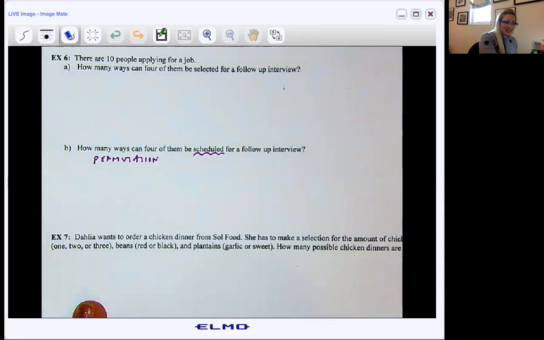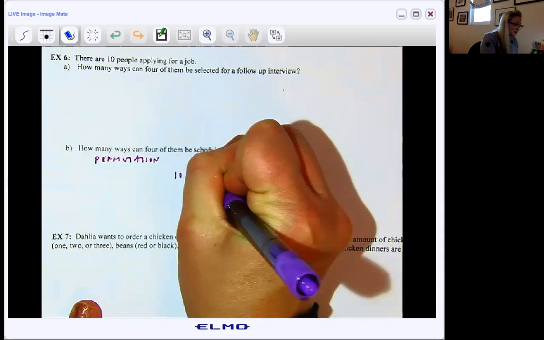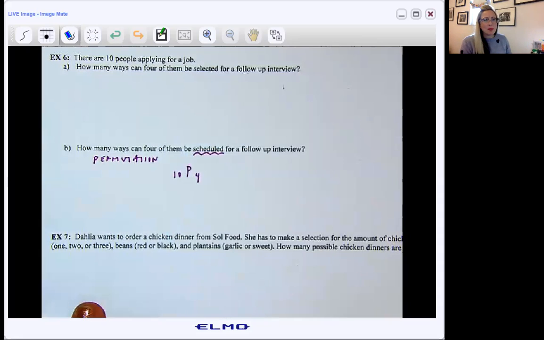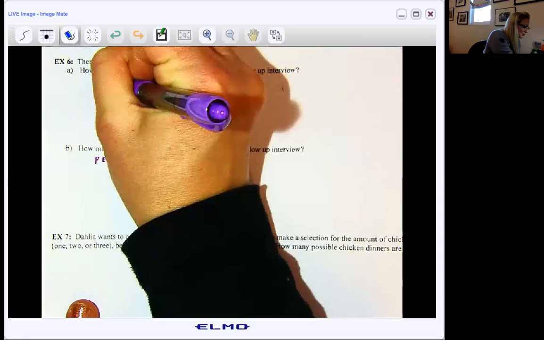So in part B, this would be 10P4. And then up above in A, in how many ways can 4 of them be selected for a follow-up interview? Well, we're just picking a group of 4, right? And if that's A, B, C, and D, it doesn't matter which order I pull them, it's the same group of 4, right? If it's D, C, B, A, it's the same group of 4. So this would be your combination.